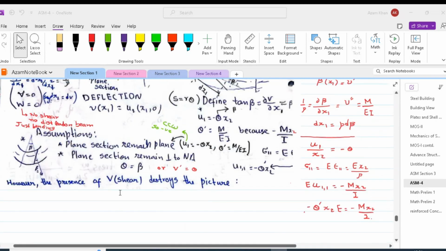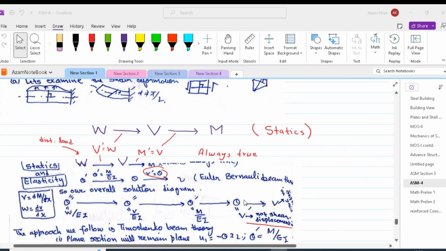So in order to discuss Timoshenko beam theory, it is important that we relax this assumption, which is theta is equal to beta. Let us reiterate what we have discussed so far and how we would proceed. We have said that applied load W is related to V, and V is related to M, and that is via the slopes.